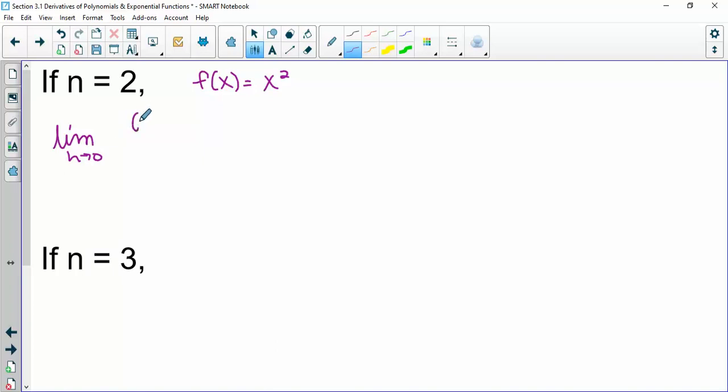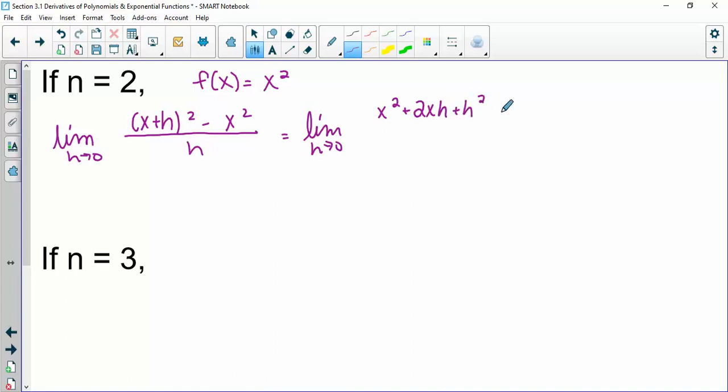f of x plus h, minus f of x, over h. What happens?